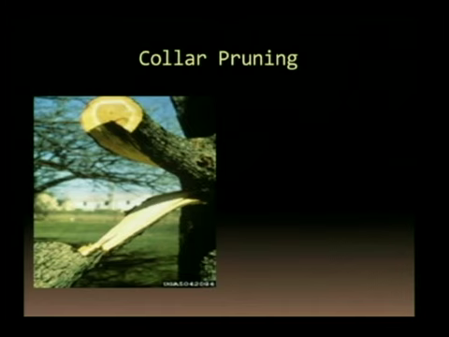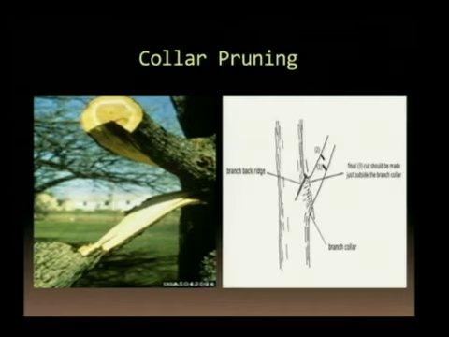Totally improper. The proper way to prune is shown in this slide, called the 3-point method. If you notice number 1, you make an undercut. Number 2, you make a top cut, and you cut completely through the branch, and that undercut, number 1, will prevent what's happening on the left-hand side, where it rips the branch off like a hangnail.